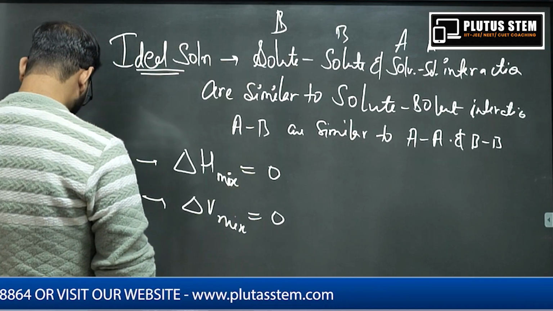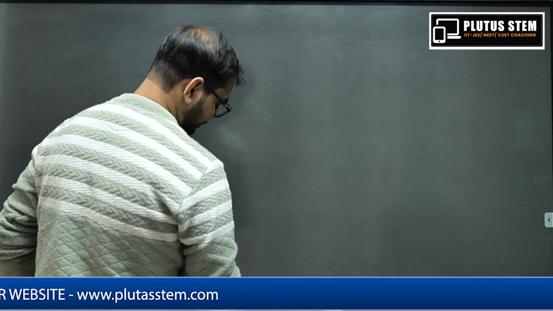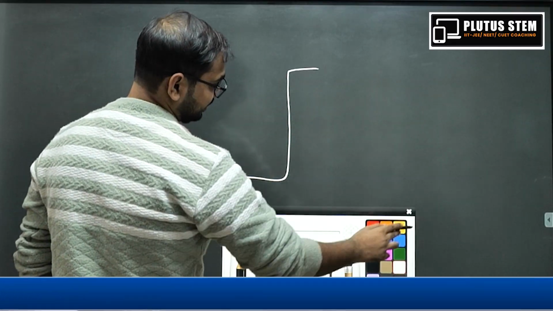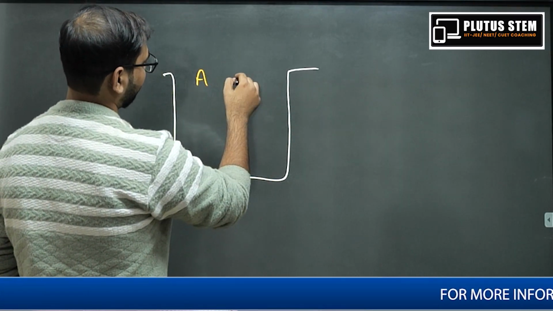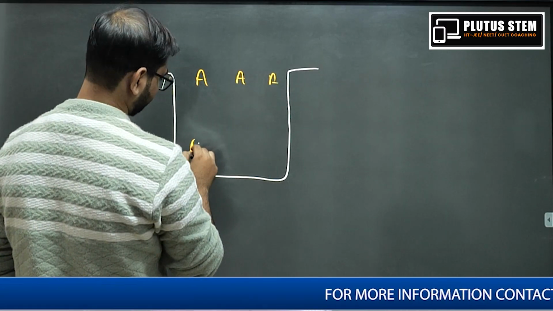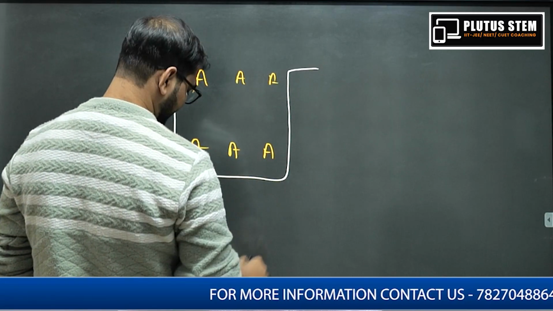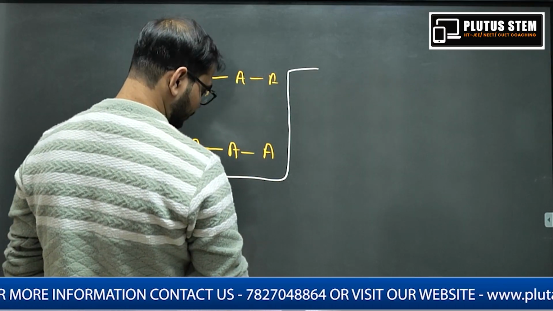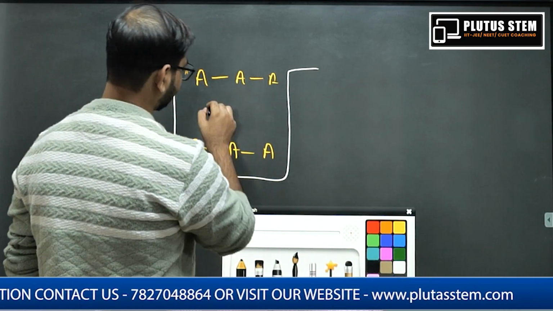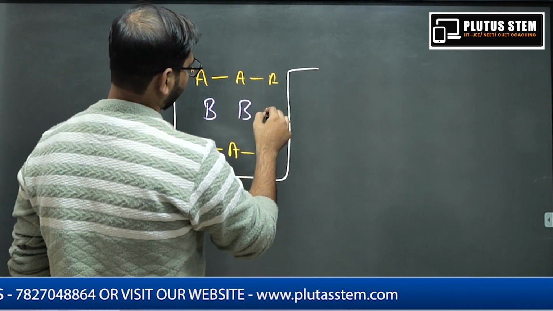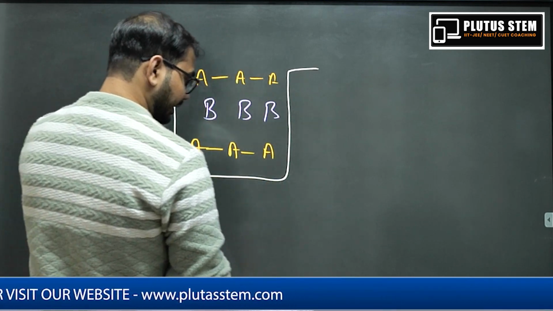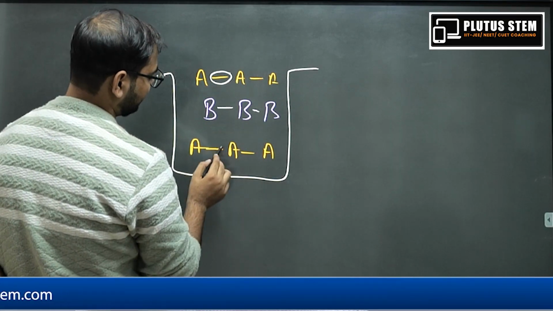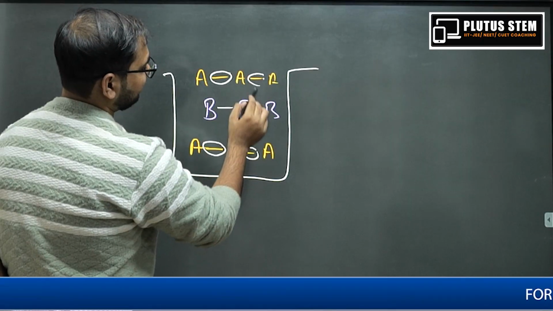Now, what does it mean? For example, if I take a beaker, and in this beaker there is some solvent of type A, and then I add some solute of type B. Now, when this happens, the bonds existing between these species are of the exact same type.